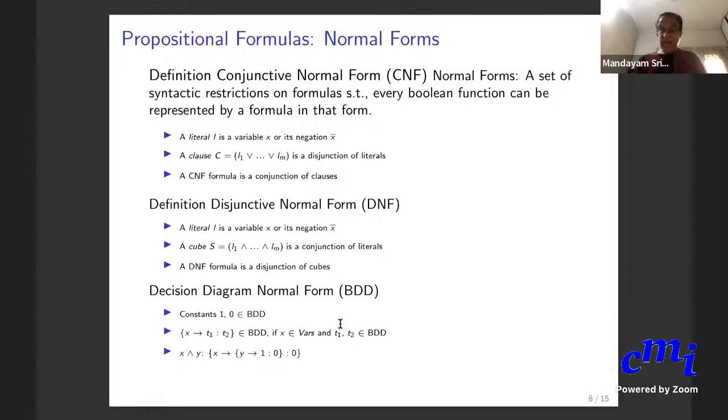Then BDDs become a canonical form, in the sense that every Boolean function is representable by a unique BDD, given a particular order in which you check the variables in the nested structure. So checking Boolean satisfiability becomes like a constant time algorithm once you convert them into ordered BDDs.